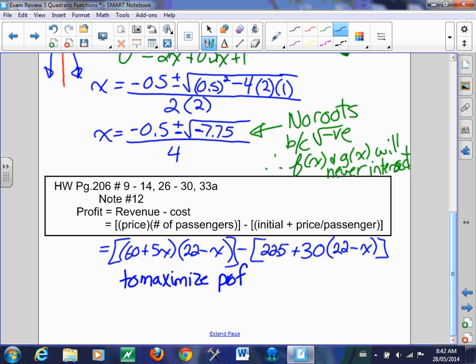That is what the problem question is. You need to A, simplify. So simplify this expression, and then B, do what? If you want to maximize the profit, you need your maximum, so then you're going to what? Then complete the square.